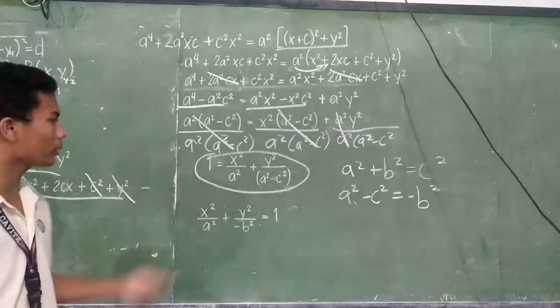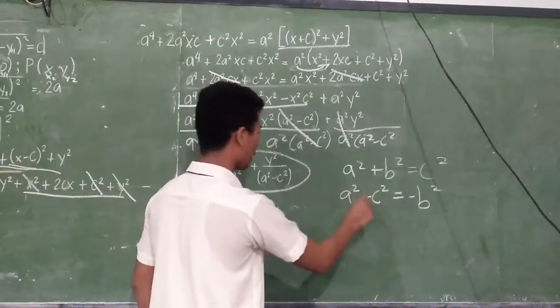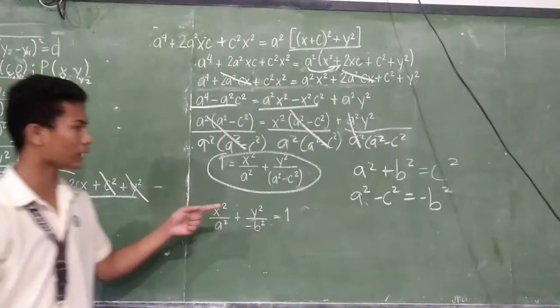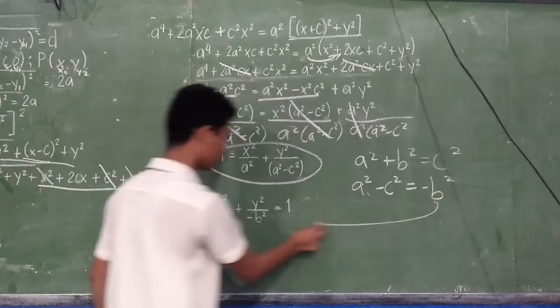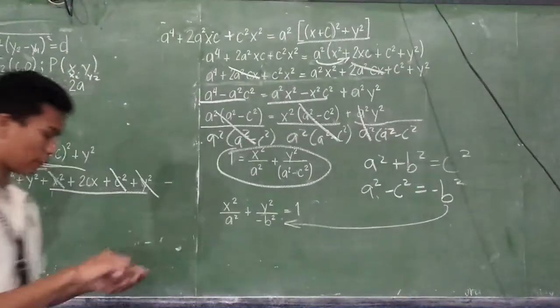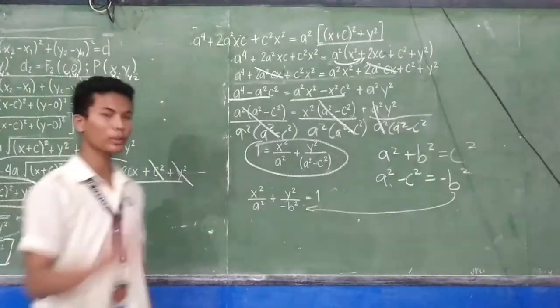After we rearrange the terms, we will substitute the value of a squared minus c squared with negative b squared. If we simplify, the formula will be like this.